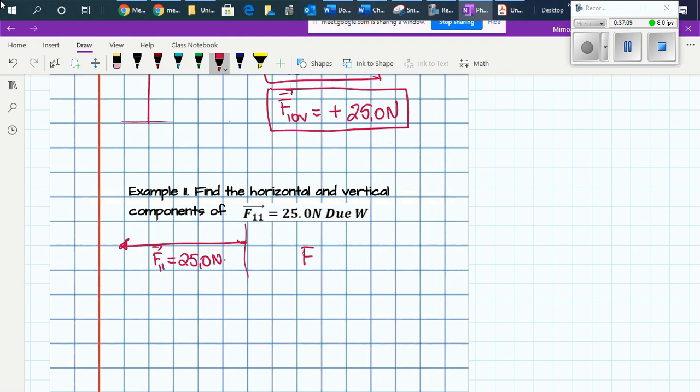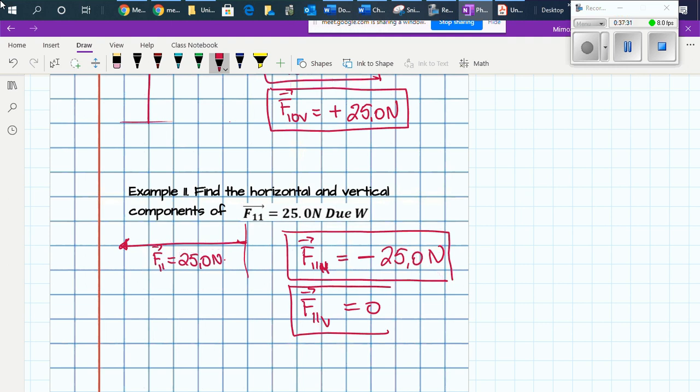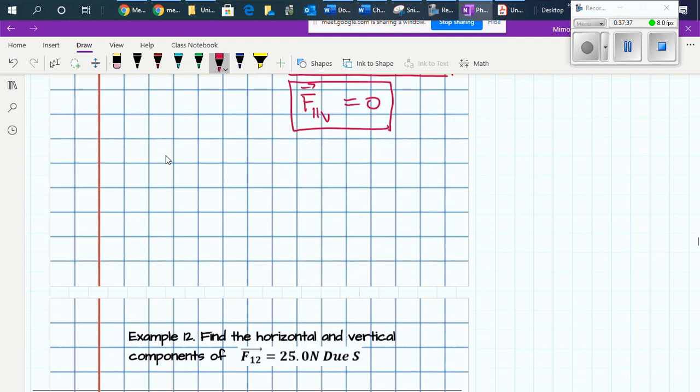So now the horizontal component of this vector will be negative because it is going west, with the same magnitude of 25 newtons, while the vertical component will be equal to 0. There is no mark that this vector is leaving in the vertical axis.